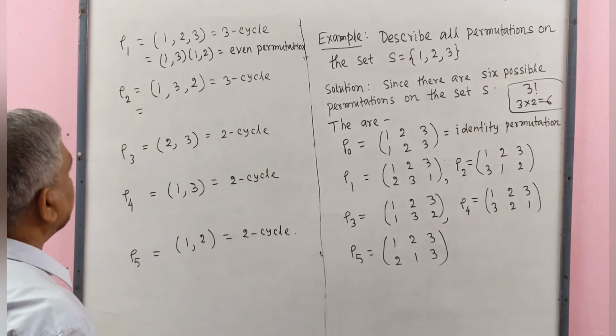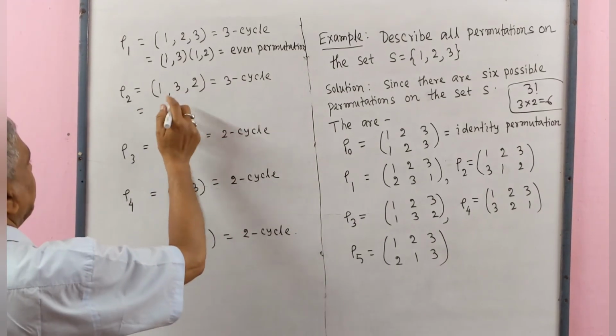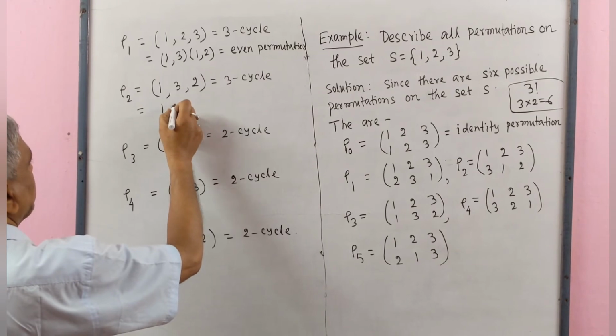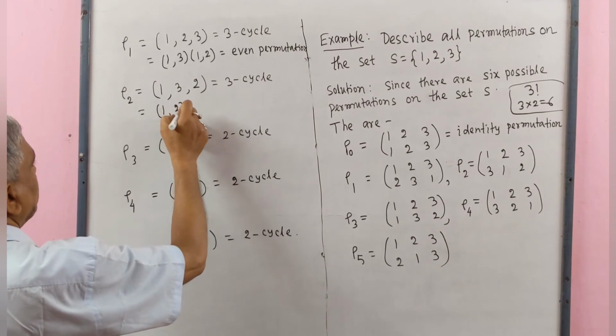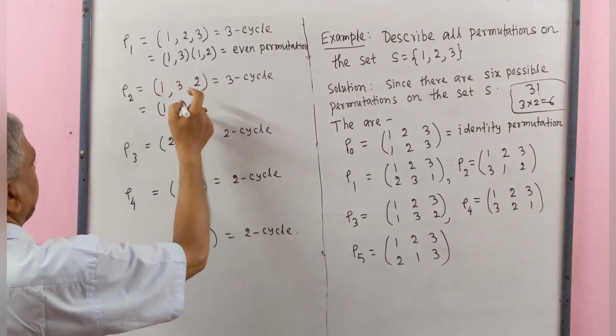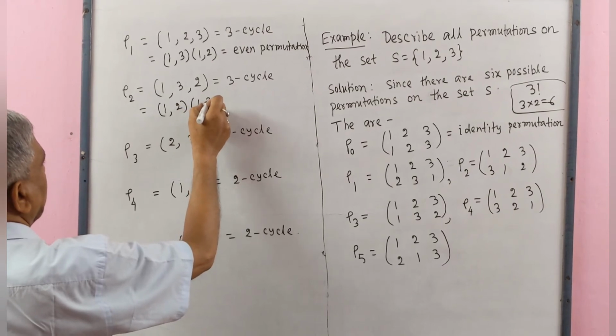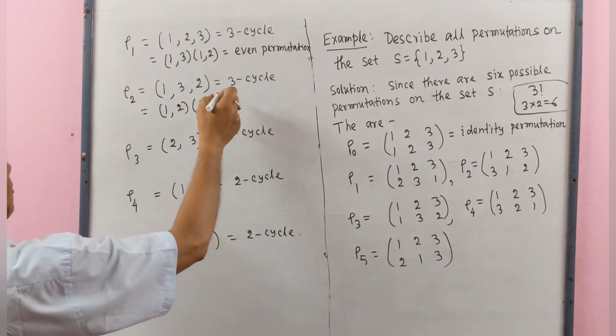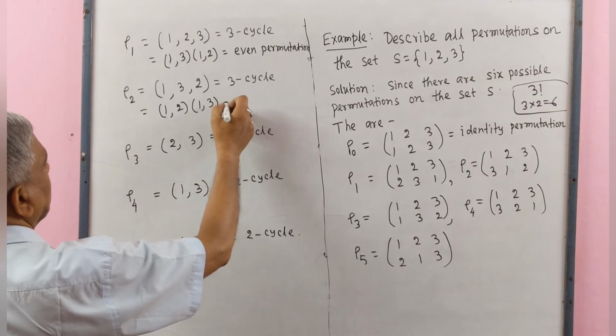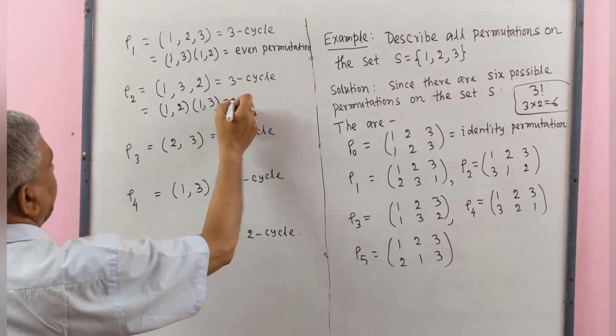Row 2 is also a 3-cycle. This may be written as a product of two transpositions (1 2)(1 3). This is also an even permutation.